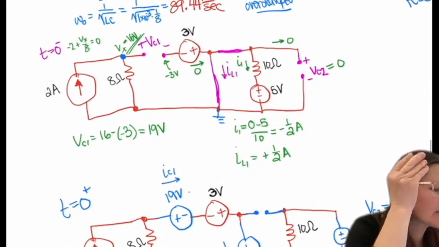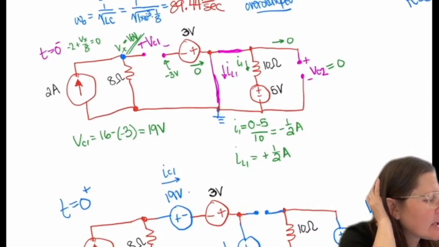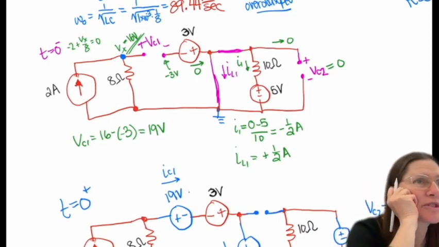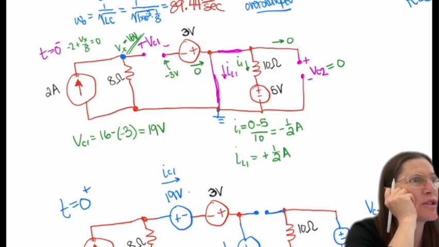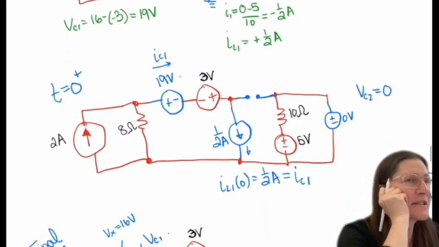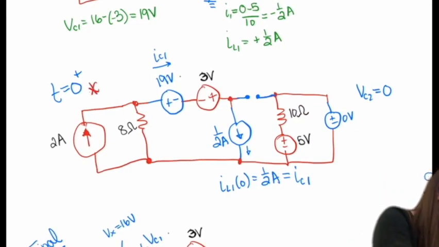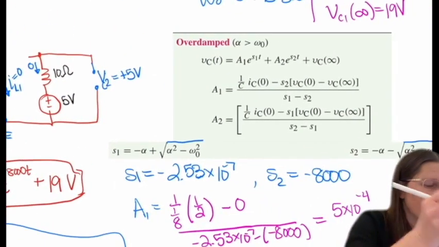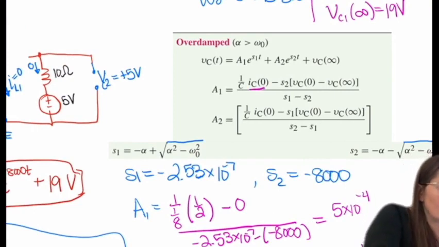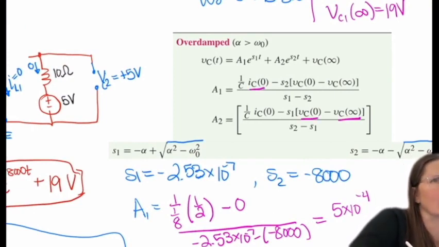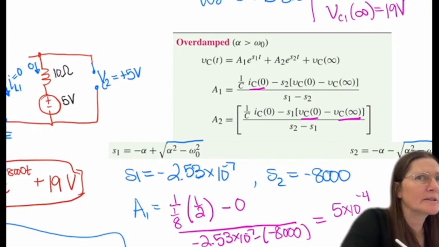All right, at t equals 0 minus, it is going to give you the VC value for the source and then the current value for the inductor. From there, we're going to use those values to find 0 plus. This is our initial time. For overdamped, I need IC0, VC0, and VC infinity for the RLC side.